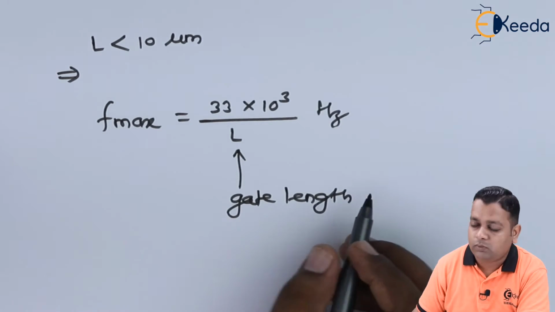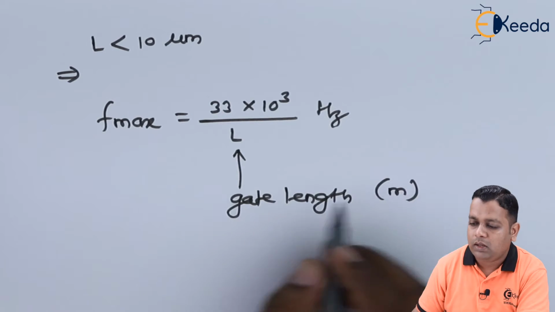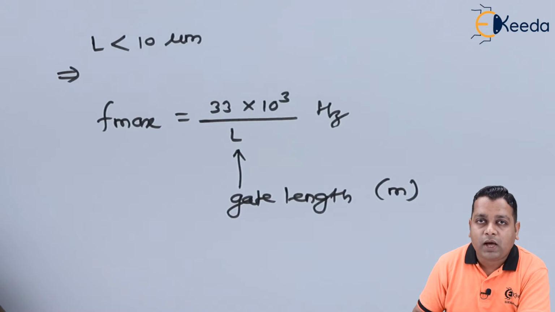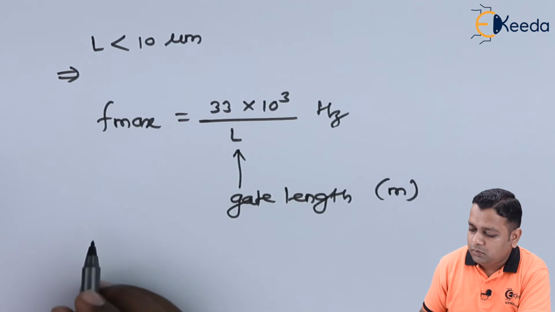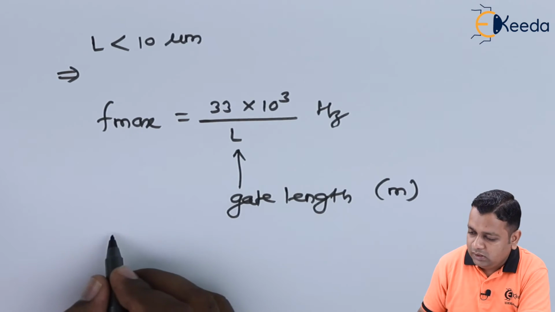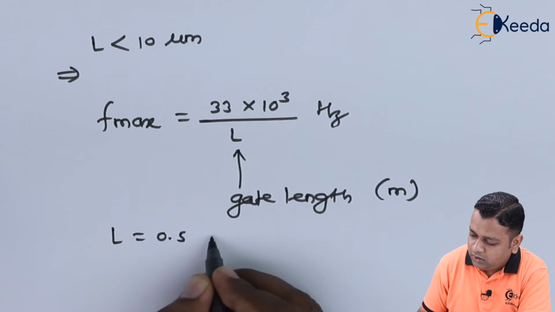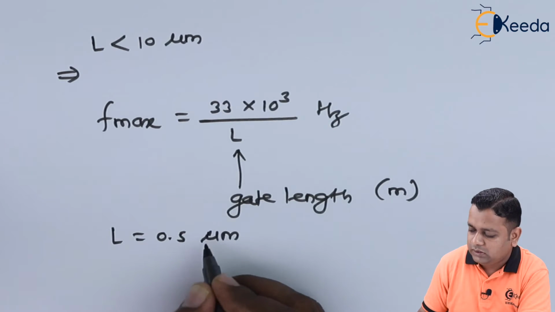In the SI system of units it is measured in meters. The best value of L to obtain the maximum oscillating frequency is 0.5 micrometers.